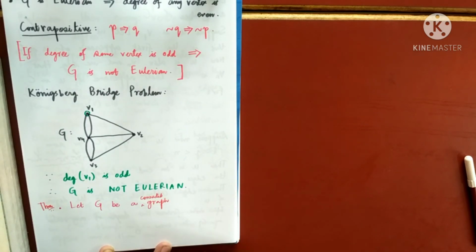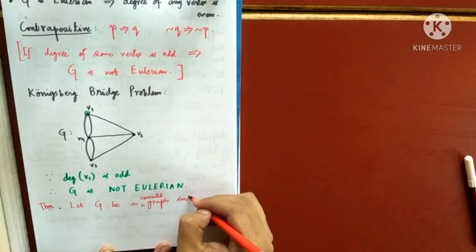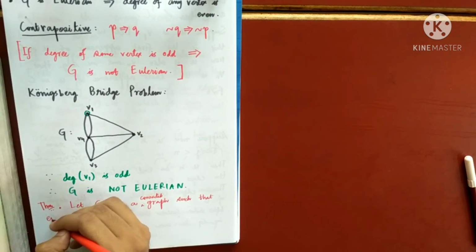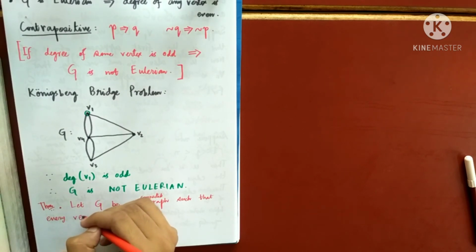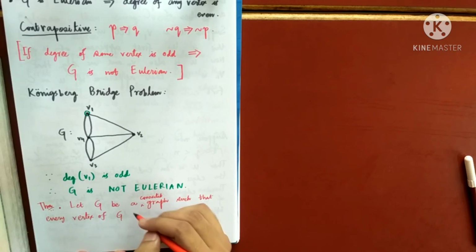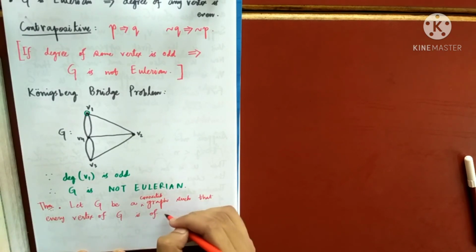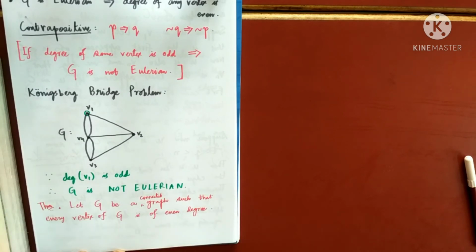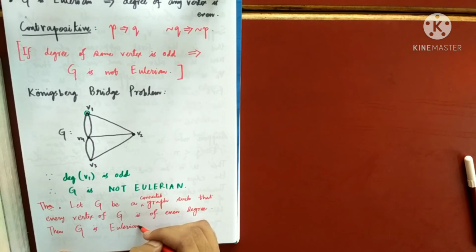Let G be a connected graph such that every vertex of G is of even degree. Then G is Eulerian. So you see, I have a necessary and sufficient condition to be Eulerian.